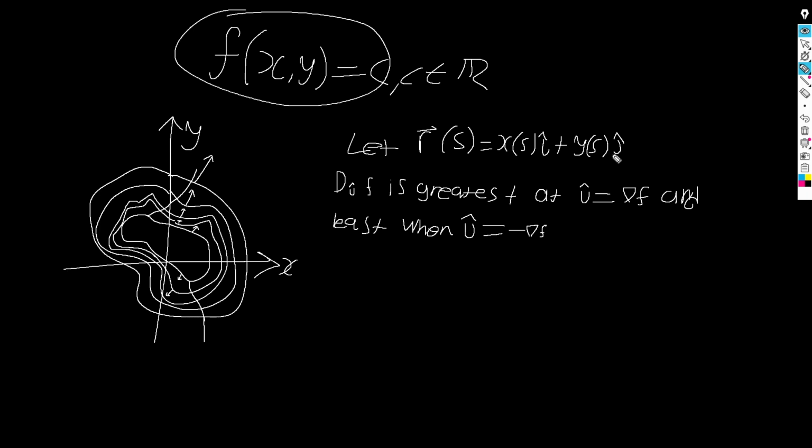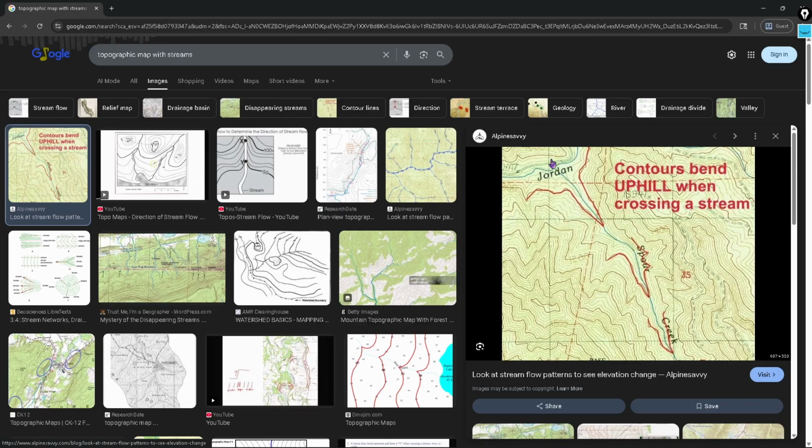What does this remind you of? It should remind you of the topographical maps with the streams. Think of the contour lines as the level curves, which they literally are. And so the water is always perpendicular to the level curve.